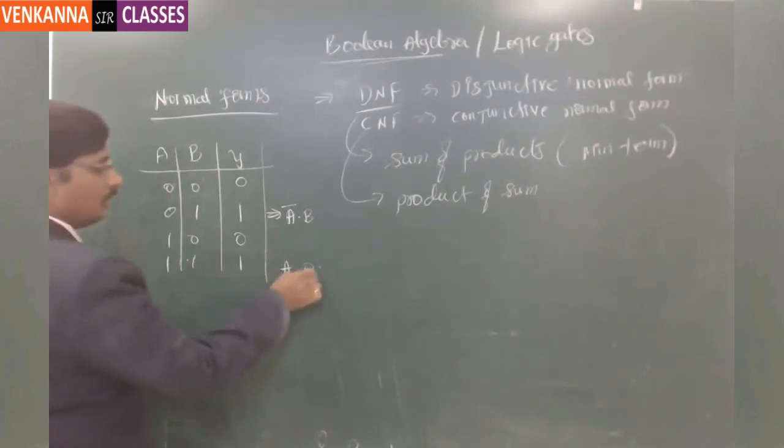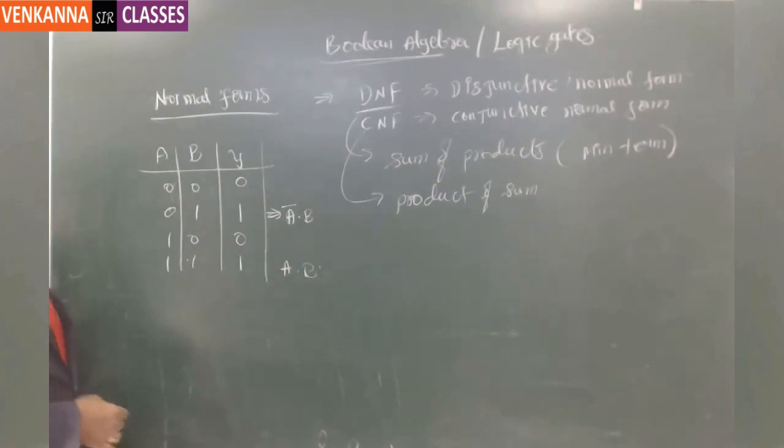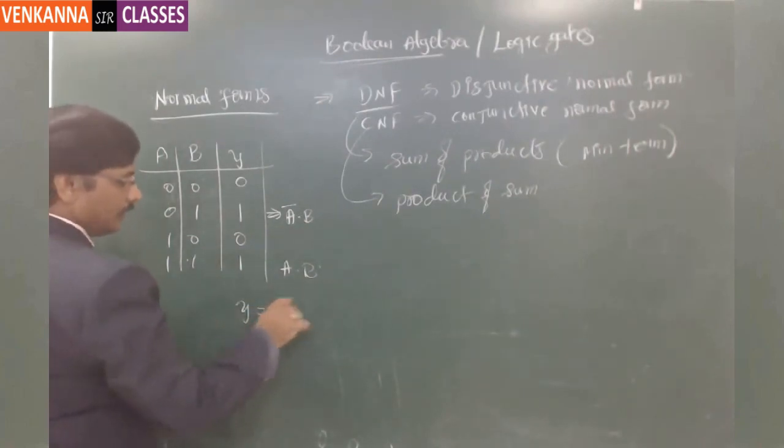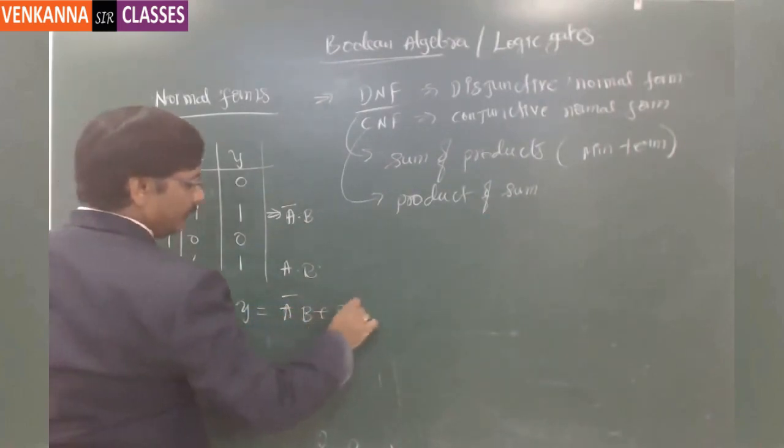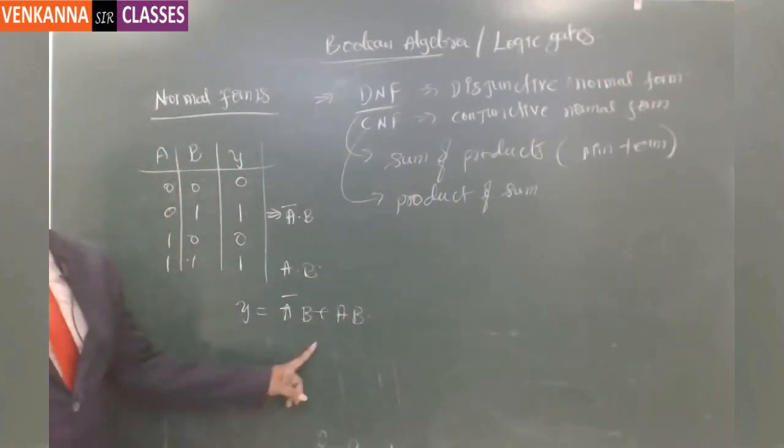So this is A bar dot B and this is A dot B. Now if I construct an output A bar B plus AB, this is the output I can get.